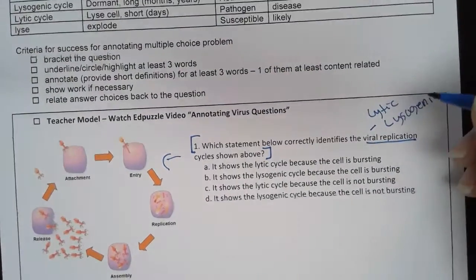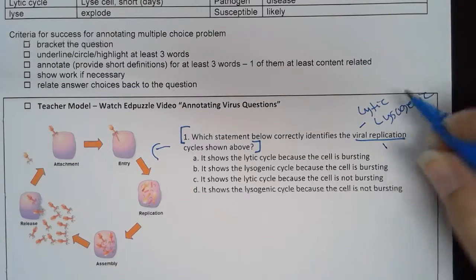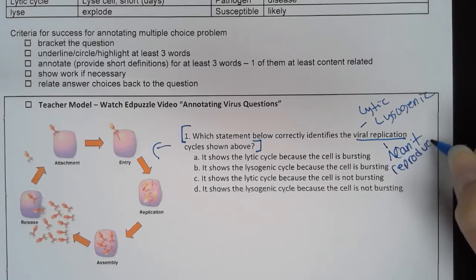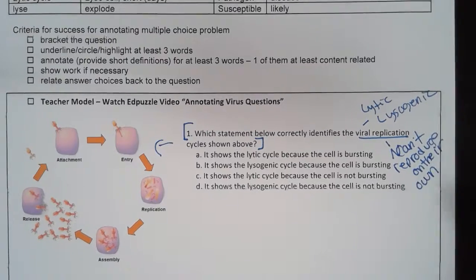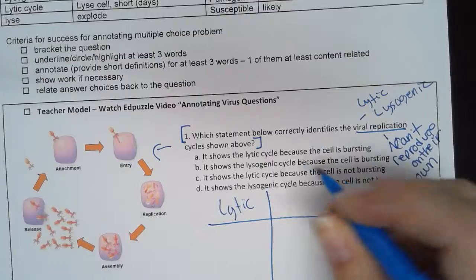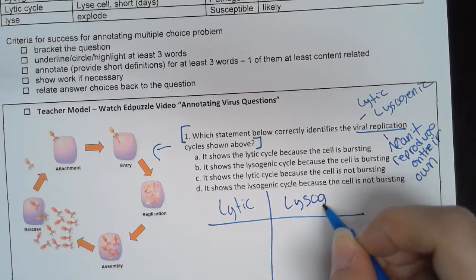Viruses are not alive, so they cannot reproduce on their own. We're going to go over these two main cycles, the lytic and the lysogenic.